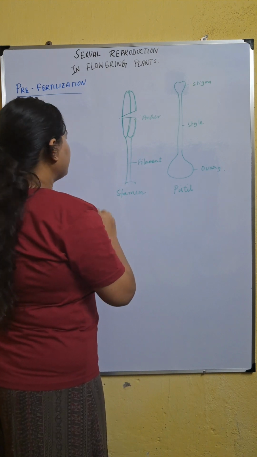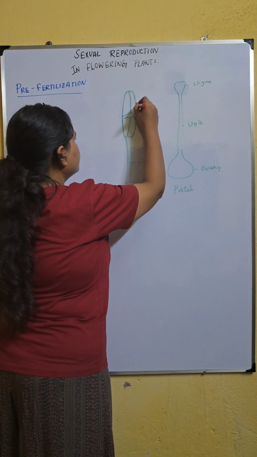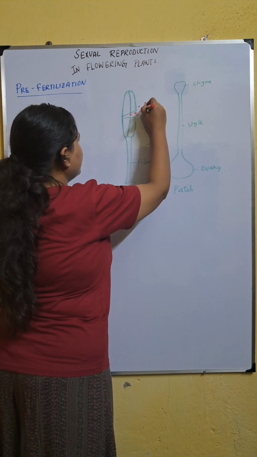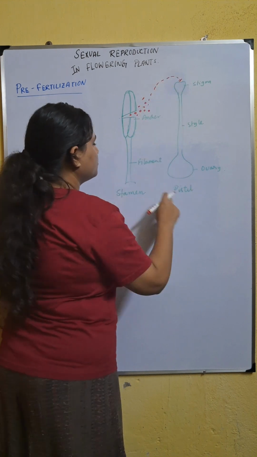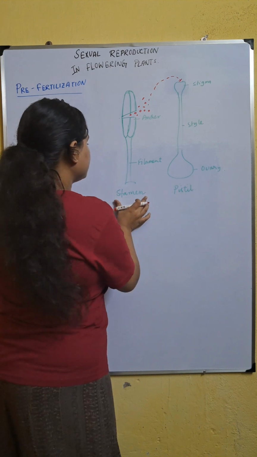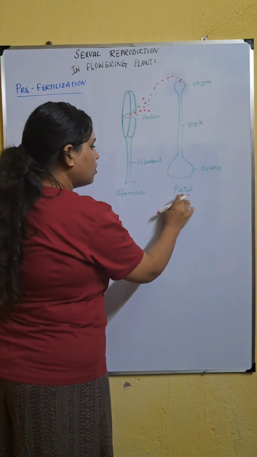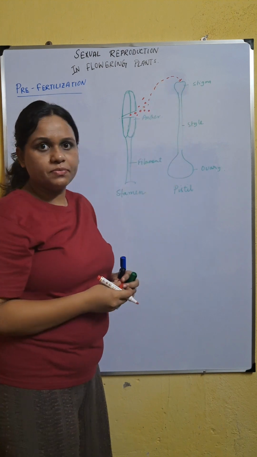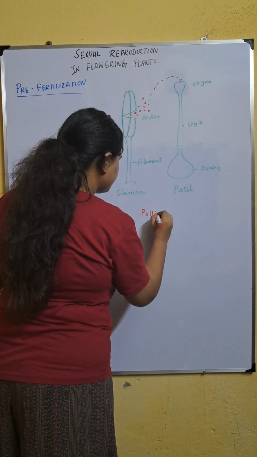And what happens? The pollen grains come out to the air. So, it goes to the stigma of the pistil. So, this stamen has pollen grains which will go to the stigma of the pistil. Now, this is the process of pollination.